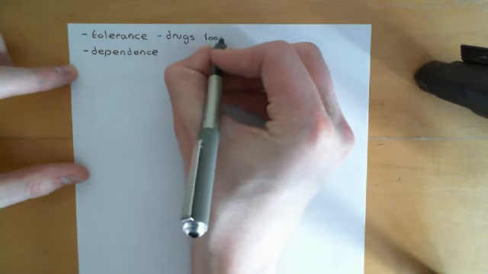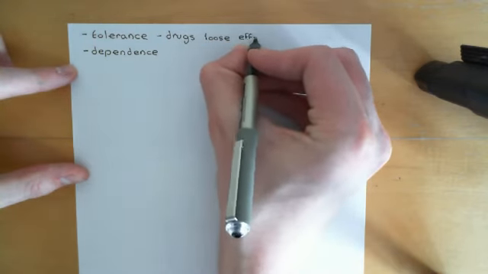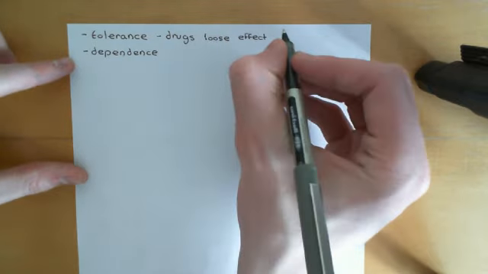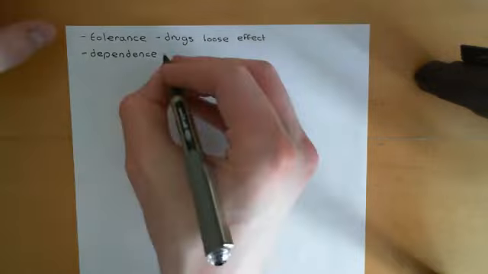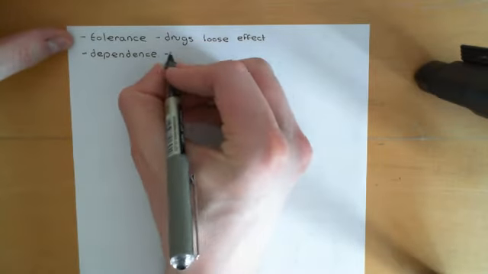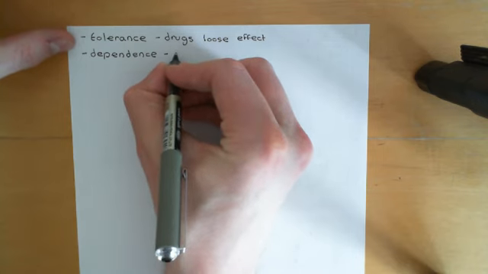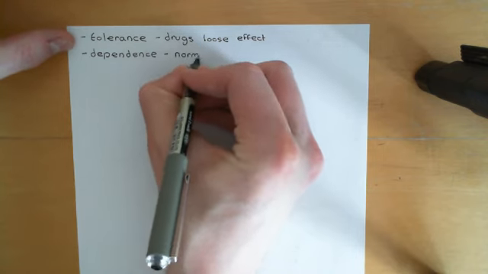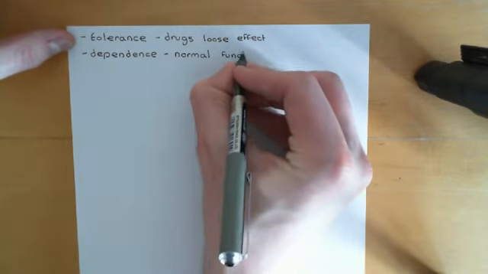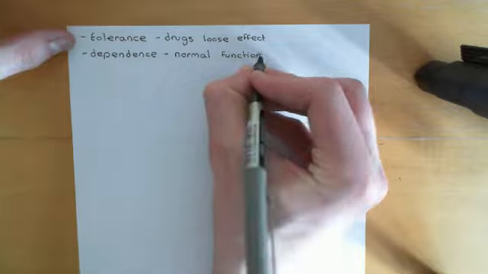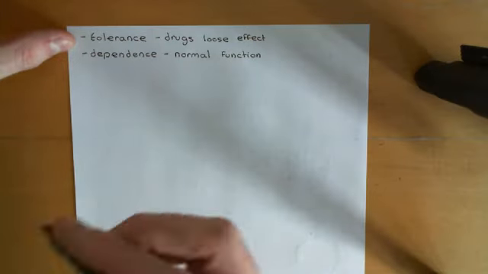What then is the concept of dependence? Dependence is the concept that you begin to become dependent on the drug. It begins to become the case that you can't function normally without the drug anymore. So normal function requires the drug, and therefore when you stop taking the drug, you're going to have withdrawal symptoms, where your body no longer functions normally.